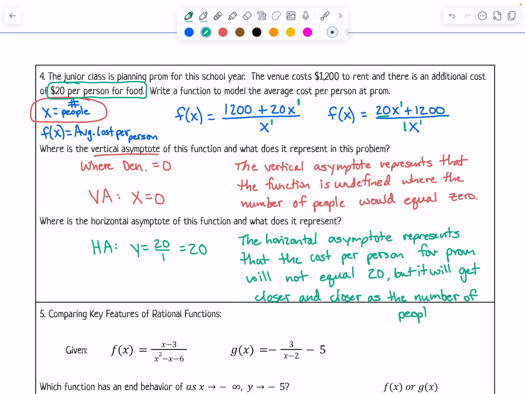Because you're dividing up the $1,200 you had to pay for the venue. So let's just finish that off with one more word.